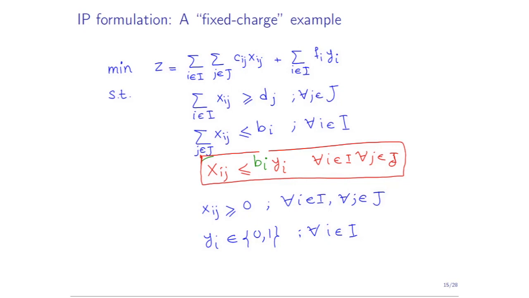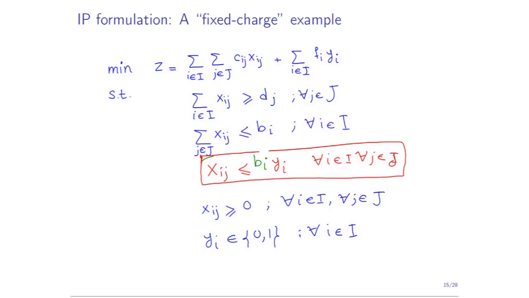And an additional point was how to come up with an actual value for the big M here. So this will conclude the fixed cost problem.